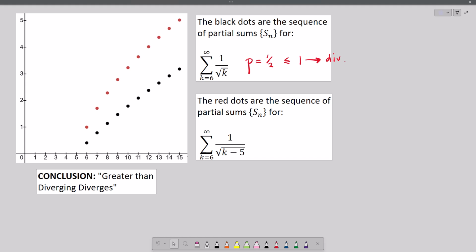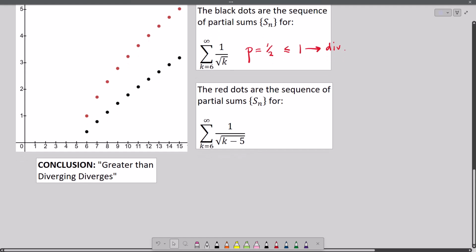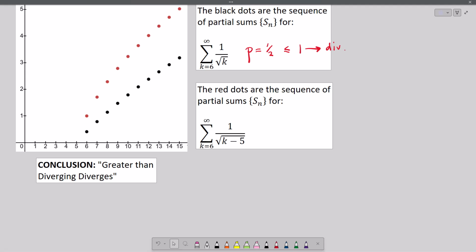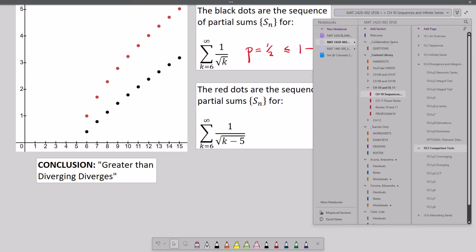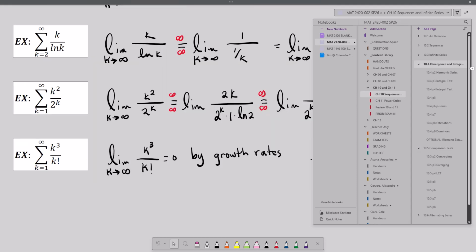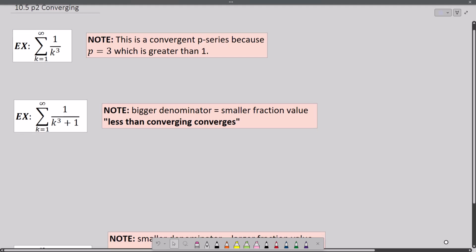Here is a picture of the partial sums for that one, and our conclusion is bigger than diverging must diverge. The black set of dots, the sequence of partial sums, diverges. This one is bigger than it, so it has to diverge also. So bigger than diverging diverges, smaller than converging converges. Those are the 2 concepts we need to master the comparison test. All right, so let's look at an example.